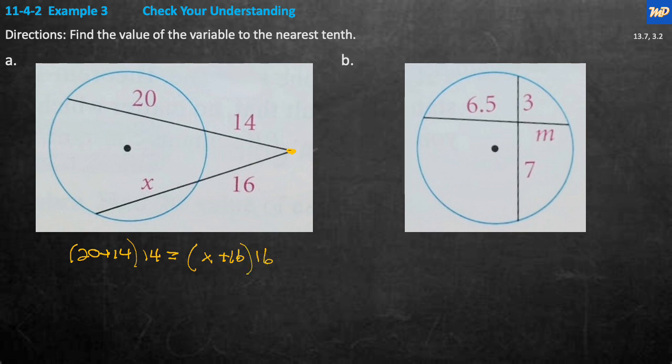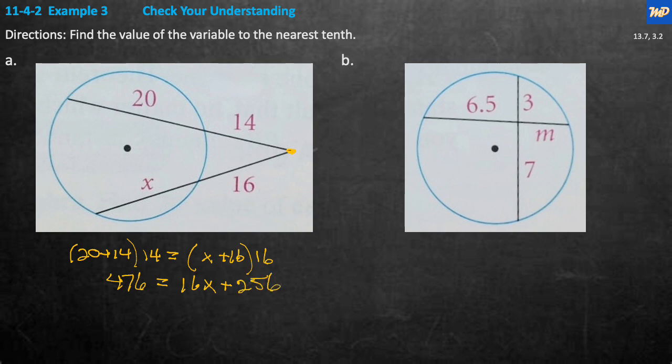So there it is. Solve it. 34 times 14 is 476, and 16 times x is 16x, plus 16 times 16 is 256.